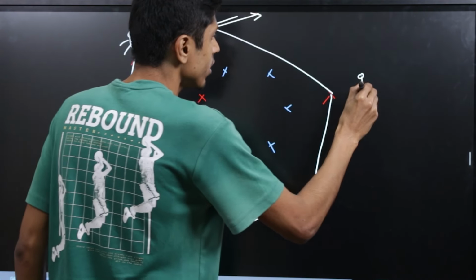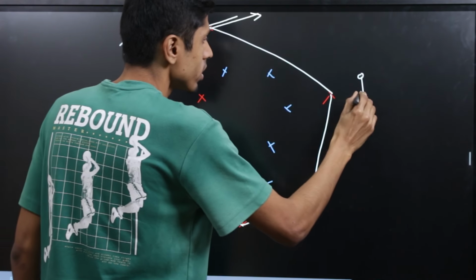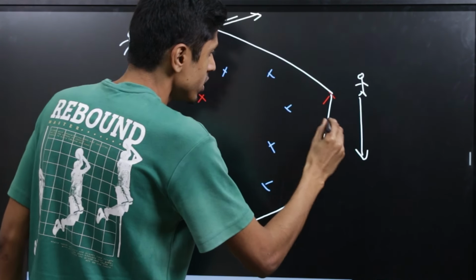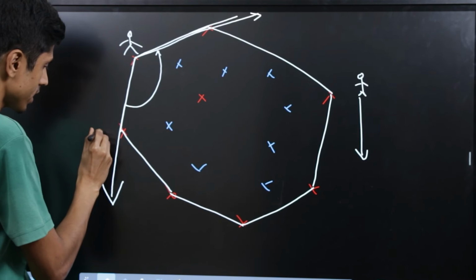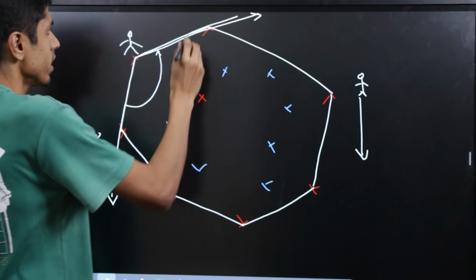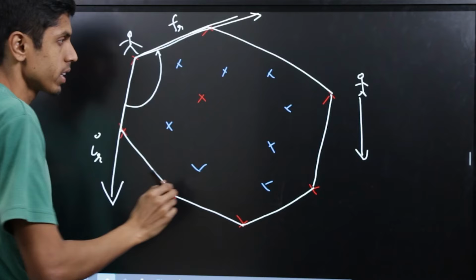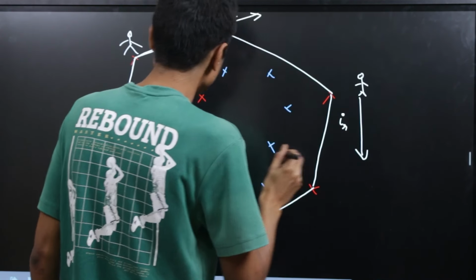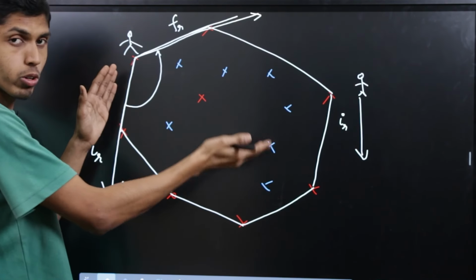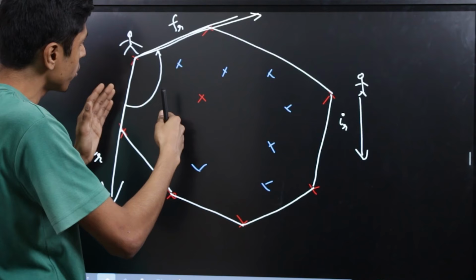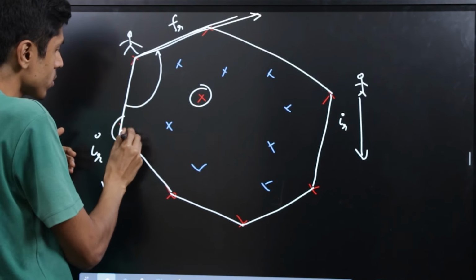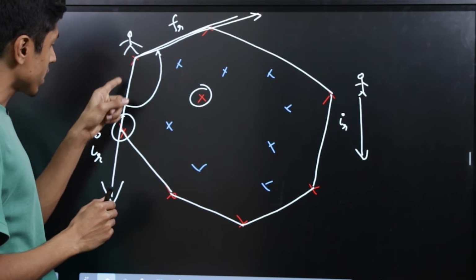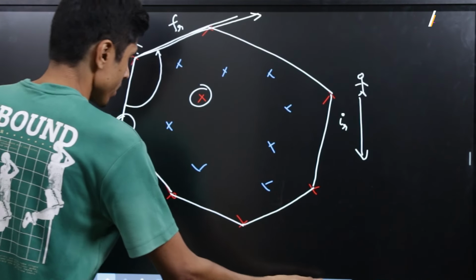So taking U as the reference node, we have the initial ray. Let's call this ray IR, the initial ray, and this is FR, the final ray. In the initial ray, you have all the points towards your left, that is 8 blue and 2 reds. I am also considering the red that is incident on this ray.